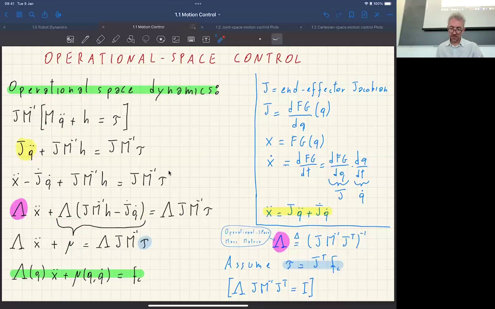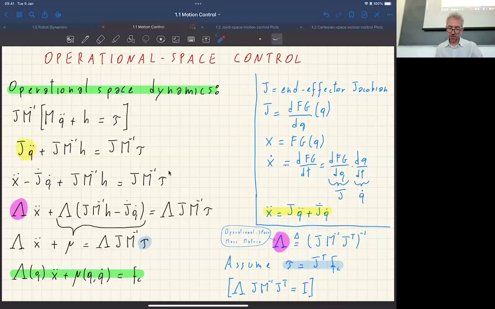And on the right hand side of the equation, I have this lambda J M inverse tau, which is the only part that is not yet in Cartesian space, because tau is still a joint space quantity.